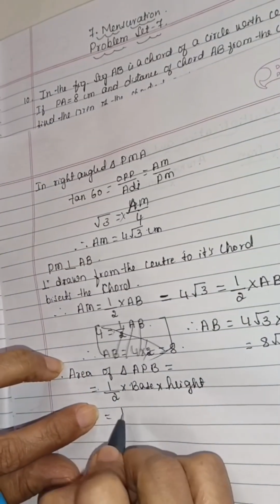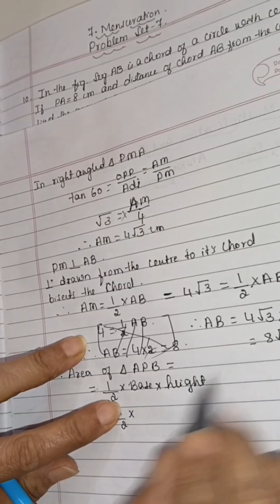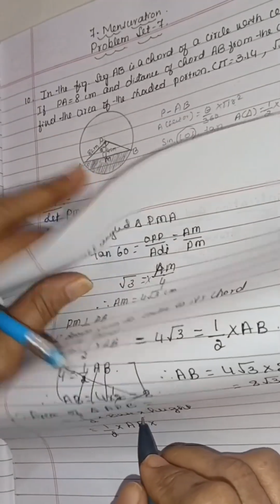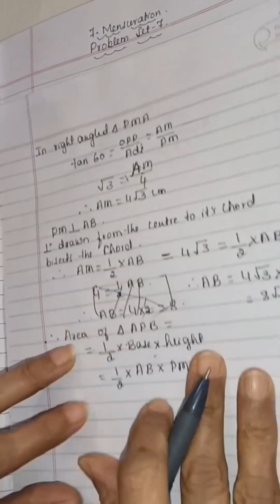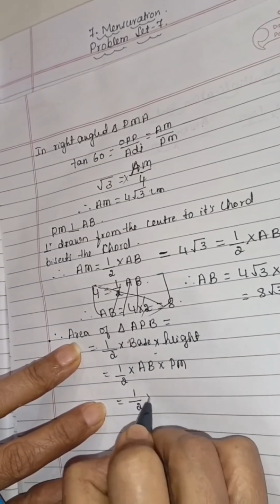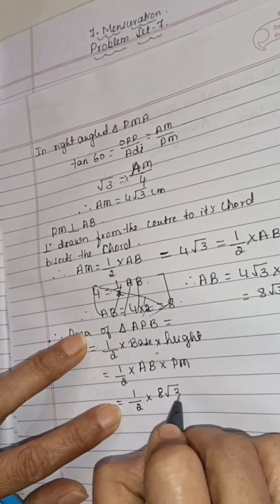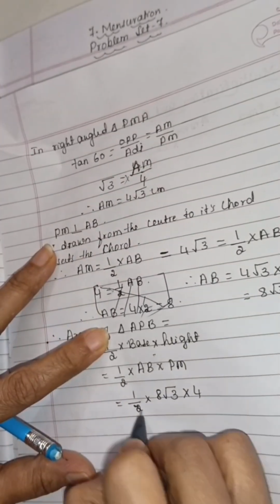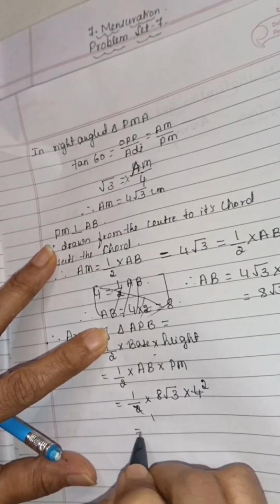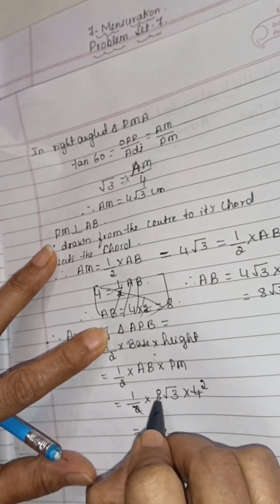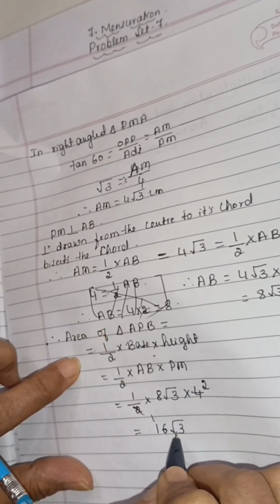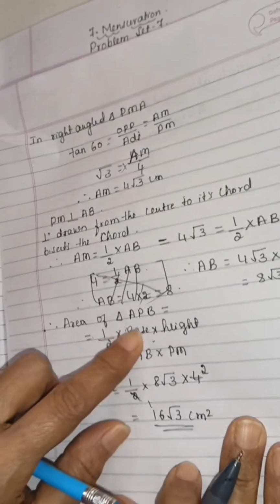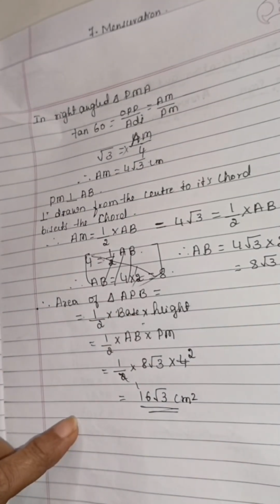Base is AB, height is PM. That is half into AB, which is 8 root 3, multiplied by PM, which is 4. 8 2s are 16 root 3 centimeter square. Area of triangle APB is 16 root 3 centimeter square.